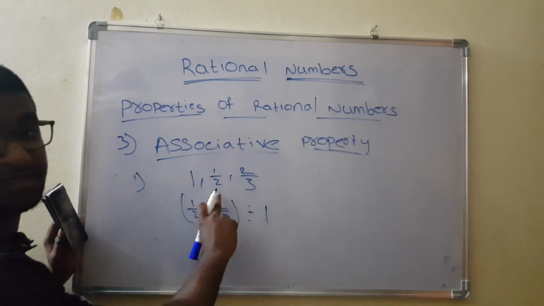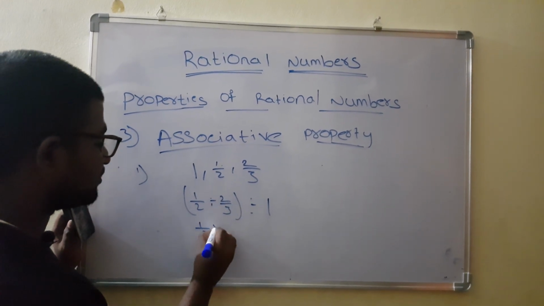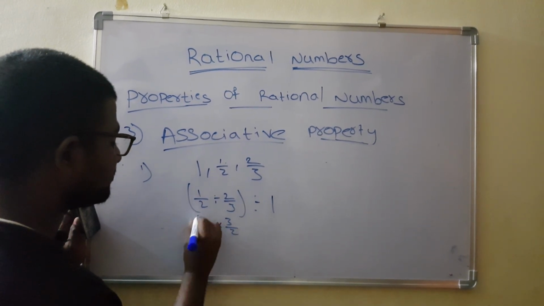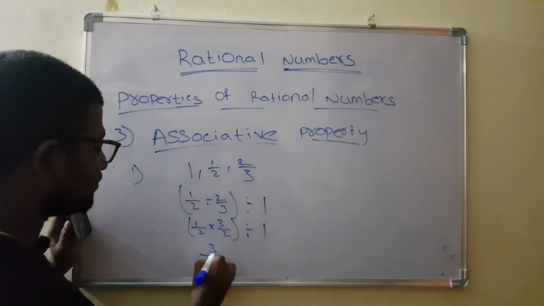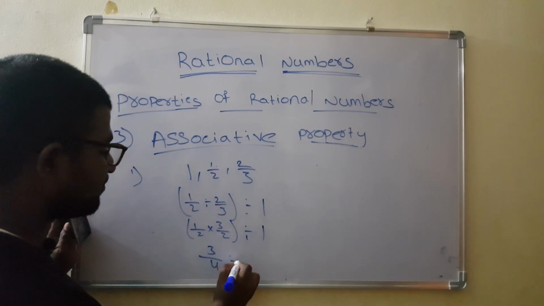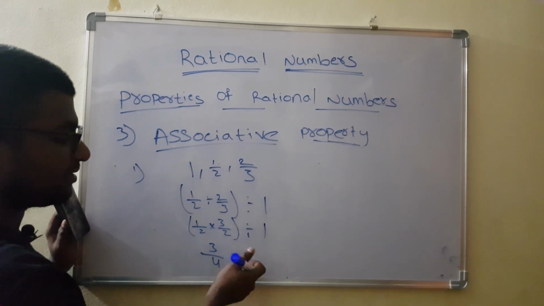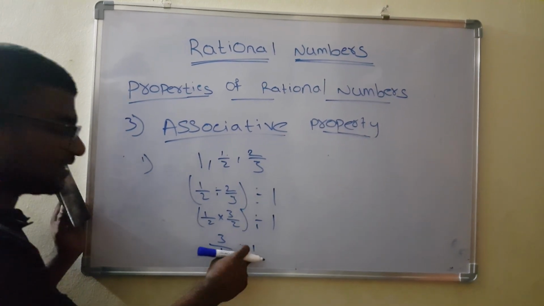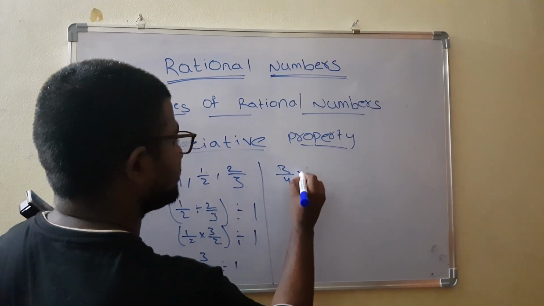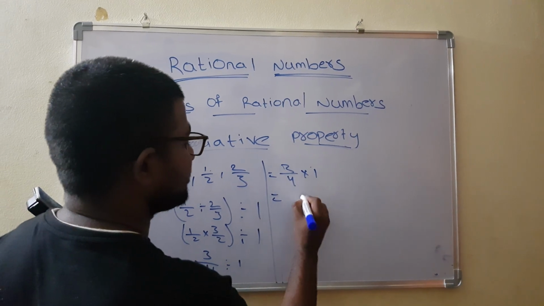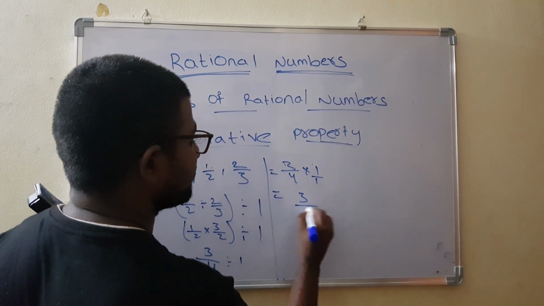By inverting this rational number, that is 1 by 2 into 3 by 2 divided by 1, that is 1 into 3, 3. 2 2 is 4 divided by 1. By taking the reciprocal of this number, we can divide, that is 3 by 4 into 1, that is 3 into 1, 3, 4 into 1, 4.